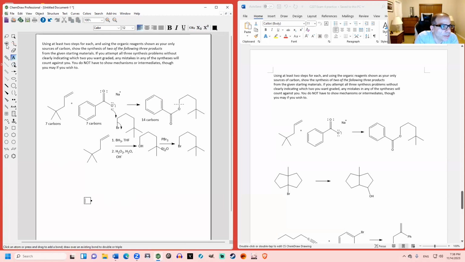So the entire synthesis, and what you would put for your answer, is that we treat the given alkene with hydroboration conditions, that gives us this alcohol.